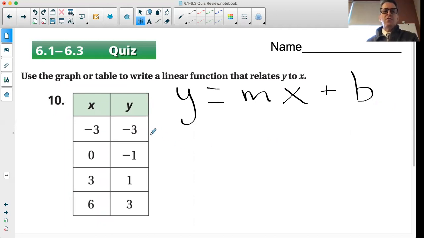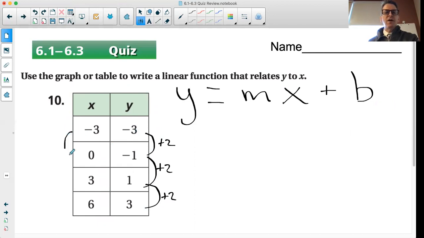As you go along here, when we have a table, we look at the change in y. This is +2. This is +2. And this is +2.